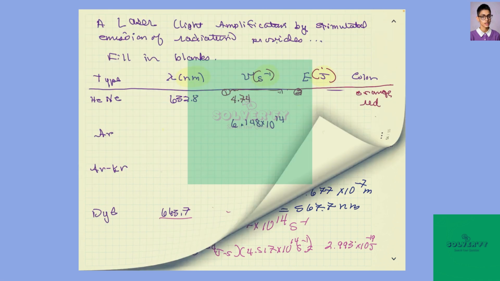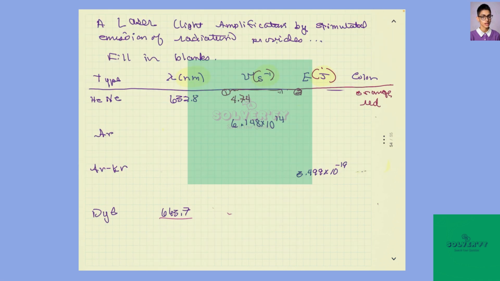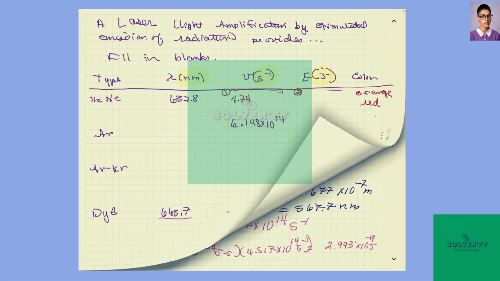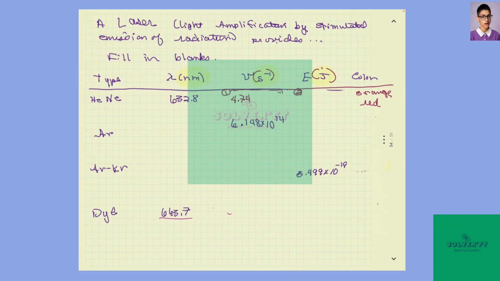And that's 4.738 times 10 to the 14th. That's calculation number 1.